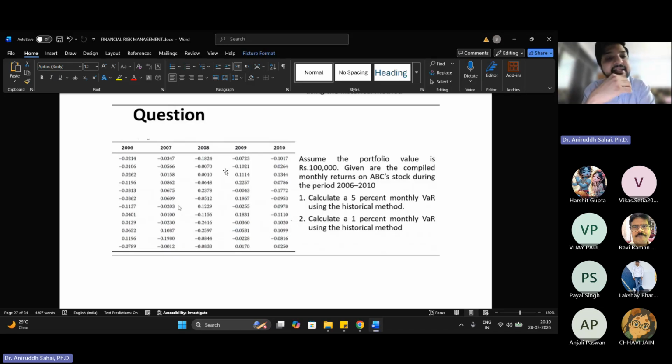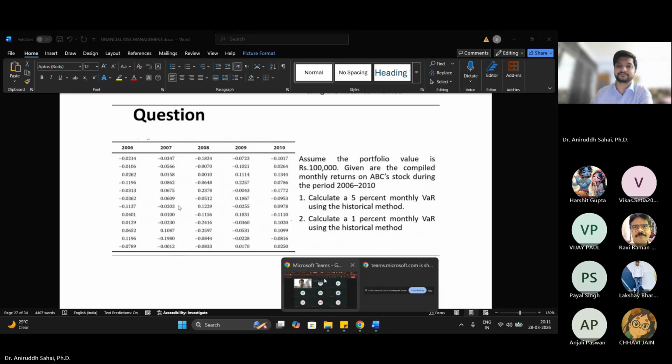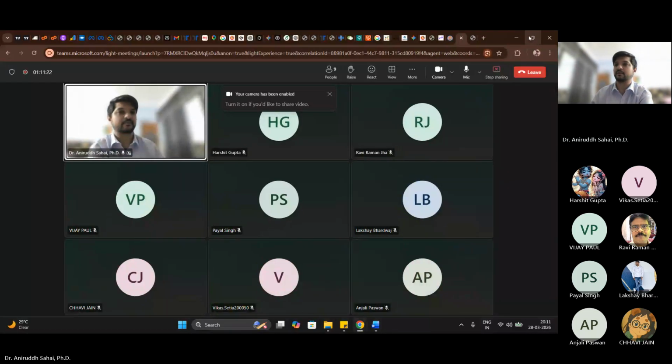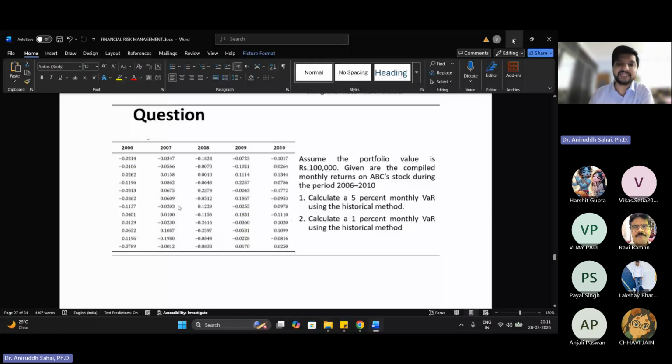Then you have minus 11.96%. These are the monthly returns for each of the months in each of these 5 years. मतलब टोटल कितने months हो गए हमारे पास? How many months do we have over here? 5 into 12, we have 60 months. Okay, so you have 60 months of data.